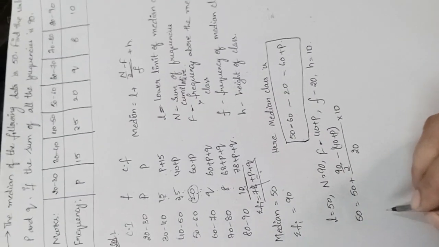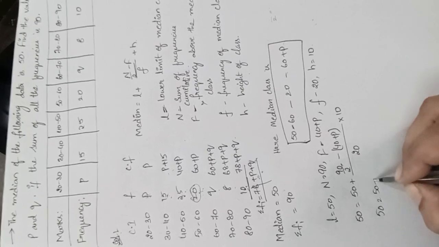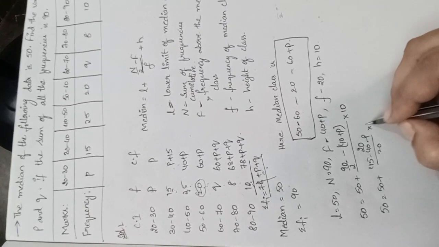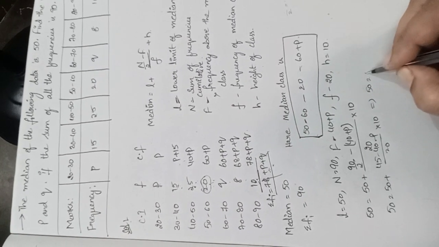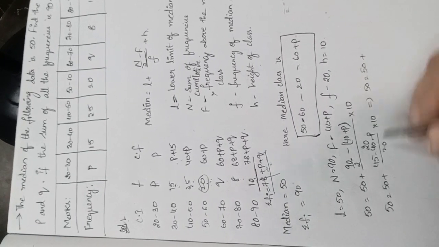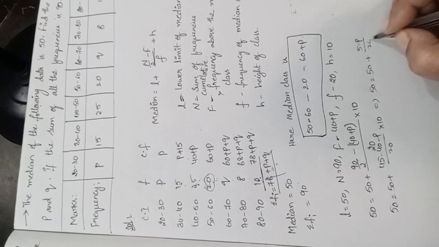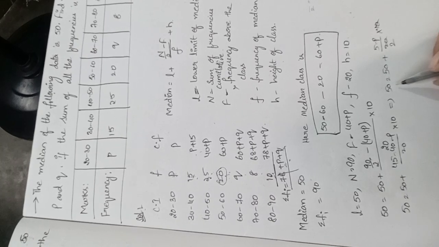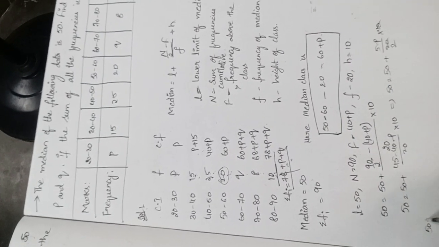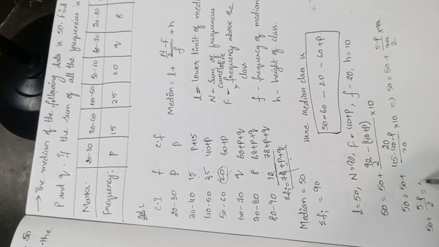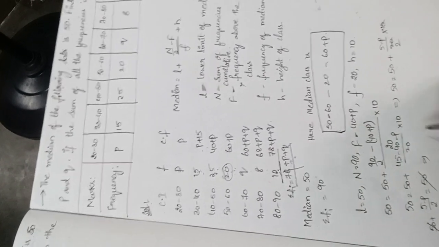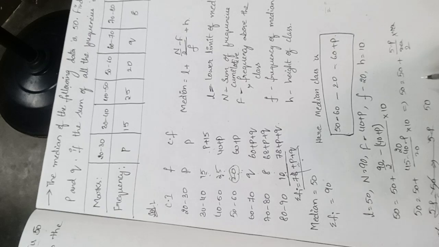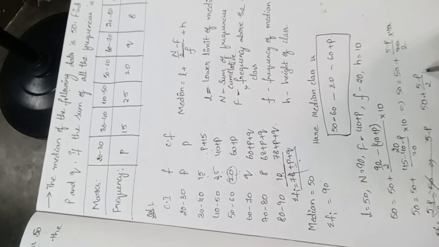So 50 equals 50 plus 90 by 2 is 45, minus 40 minus P, by 20, into 10, which implies 50 equals 50 plus 45 minus 40 is 5, so 5 minus P by 20, into 10. 10 in 20 goes 2 times, so 50 plus (5 minus P) by 2 equals 50.